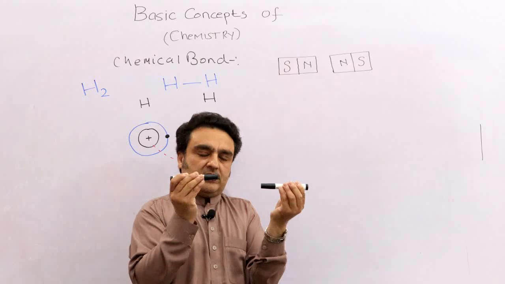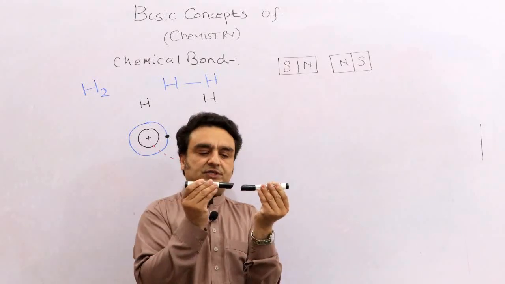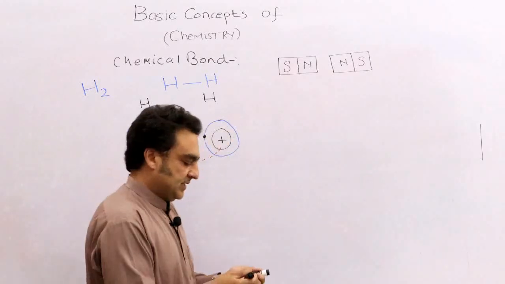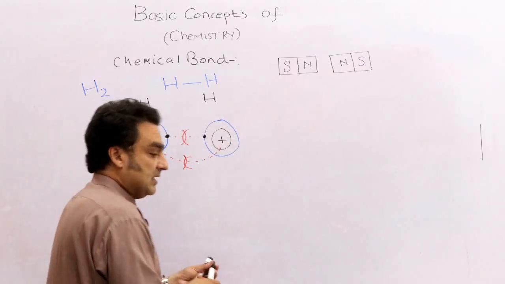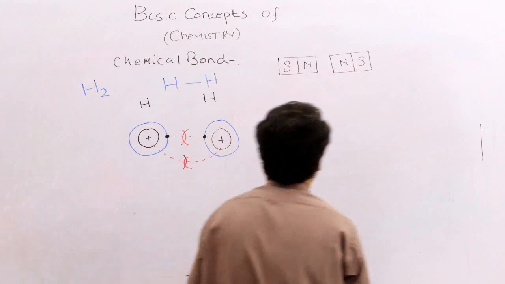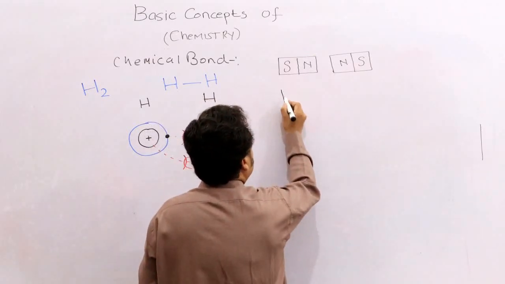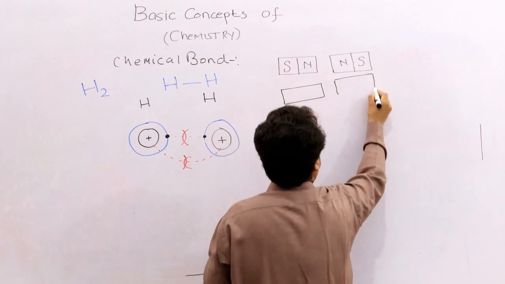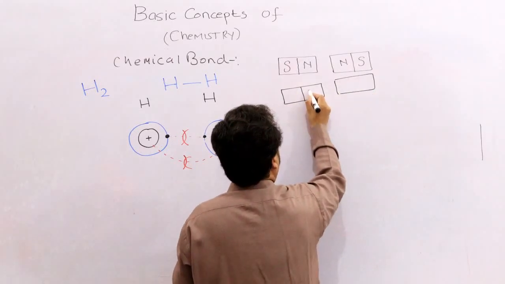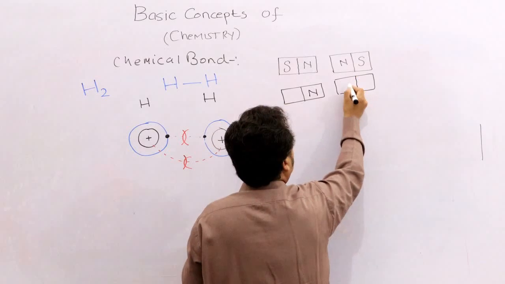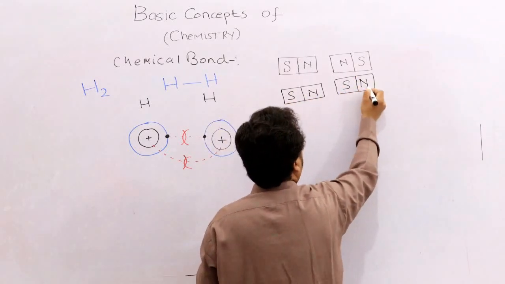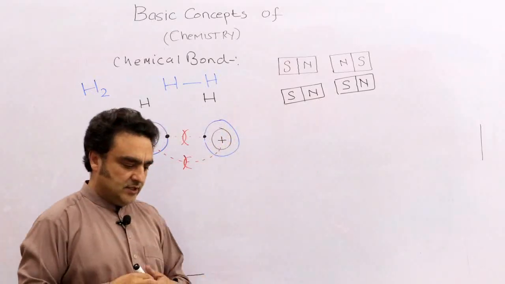You need quite a force in order to connect them. But the north of one magnet attracts the south of another magnet. Now those things are happy.